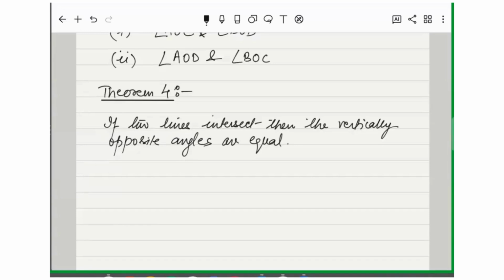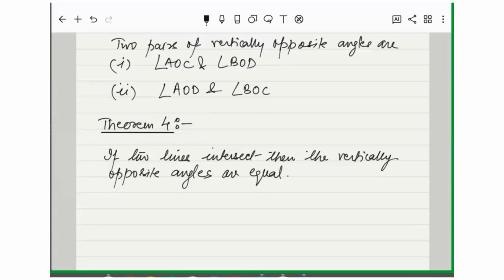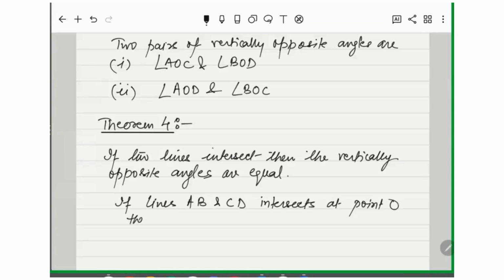Okay. So what is theorem 4? That if two lines intersect, then the vertically opposite angles are equal in measurement, right? So in the above case, according to this theorem, if lines AB and CD intersect at point O, then angle AOC is equal to angle BOD, okay?